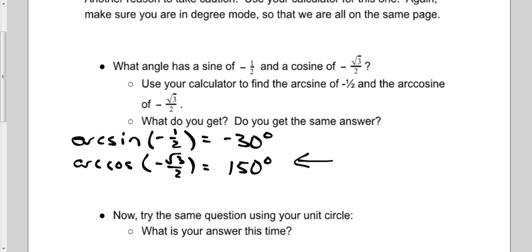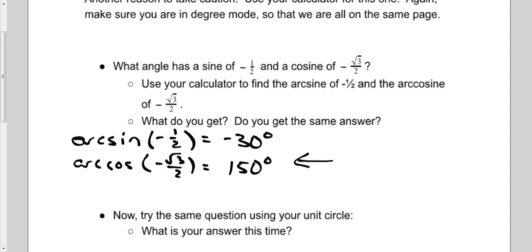Everybody, punch in 150 and hit sine. What do you get? Do you get -1/2? Sine of 150, you get positive 1/2, right?